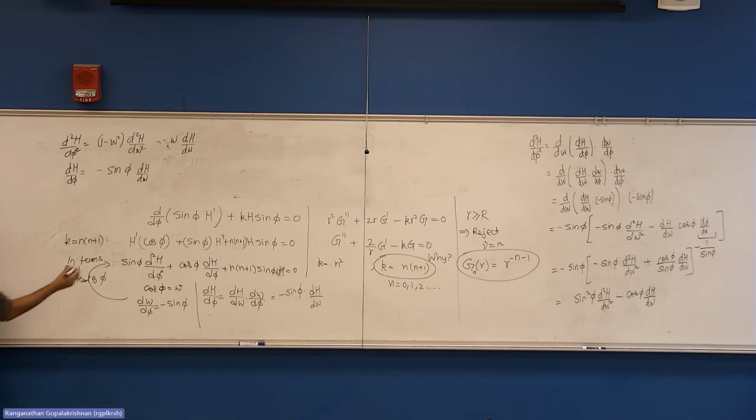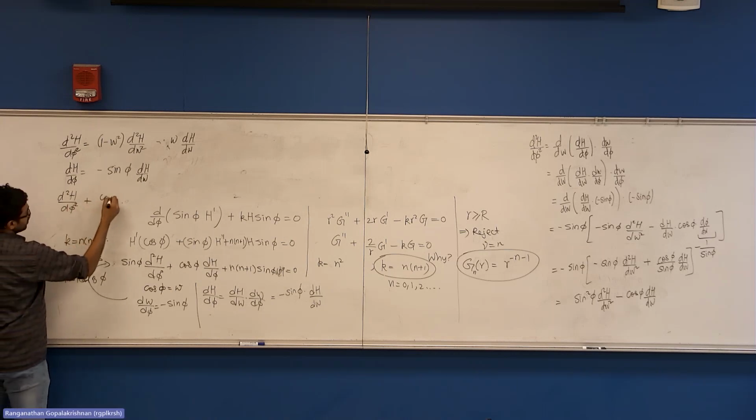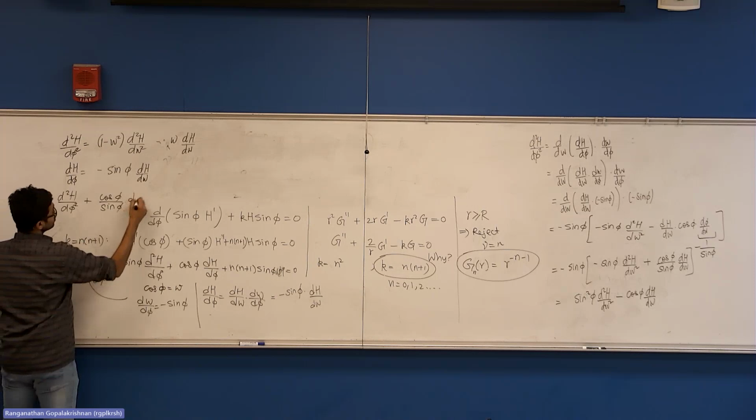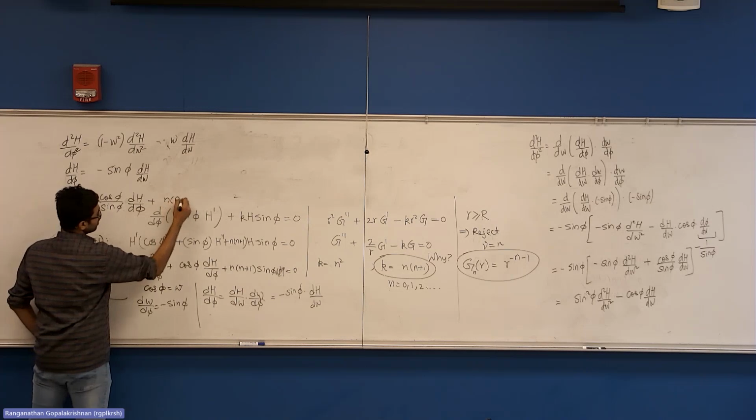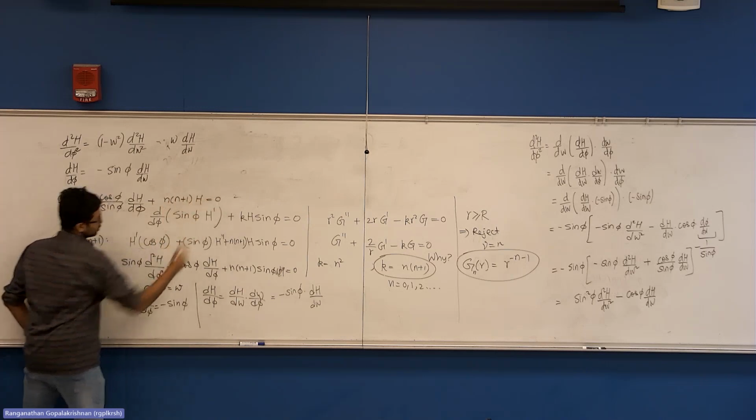So I'm going to take this equation and divide throughout by sine phi. Let's see what happens. I get d squared h over d phi squared plus cos phi divided by sine phi dh over d phi plus n times n plus 1 times h equal to 0.